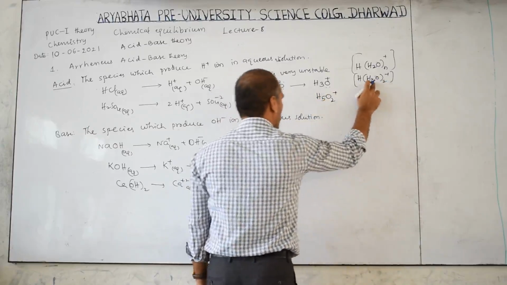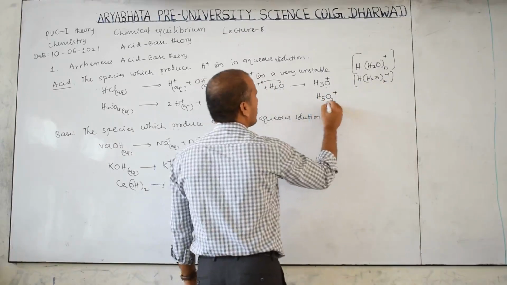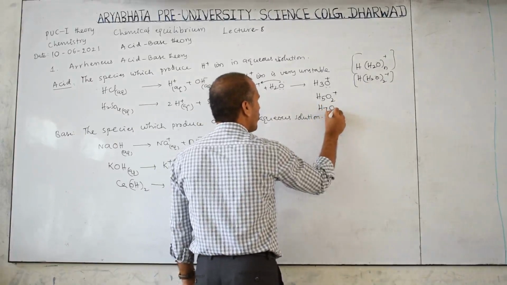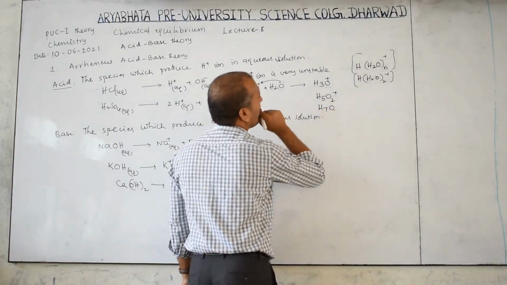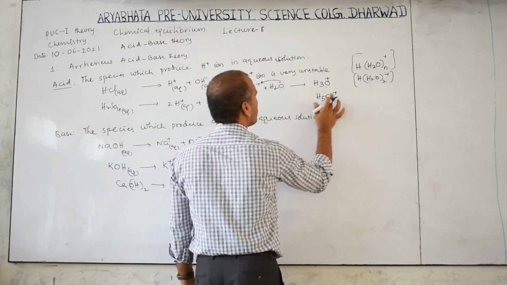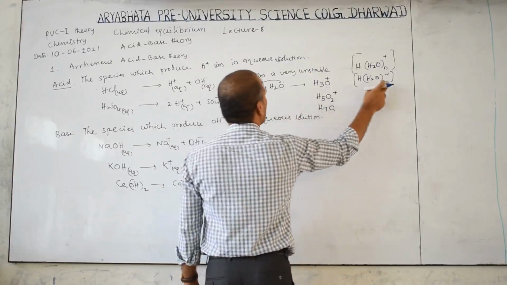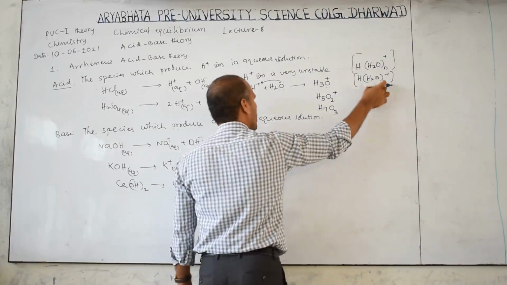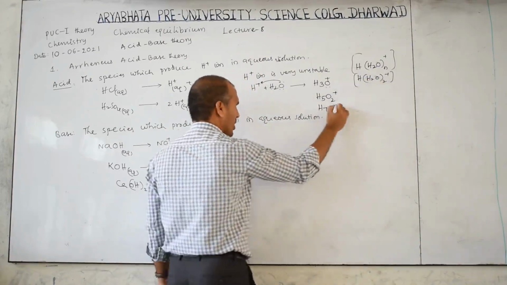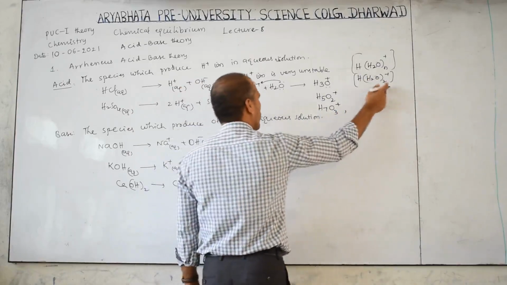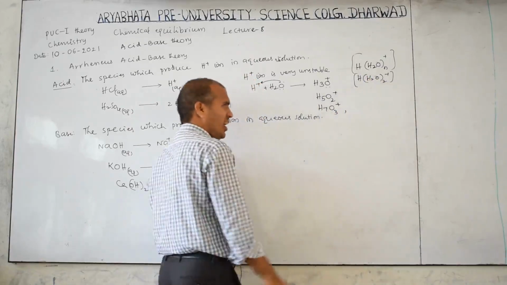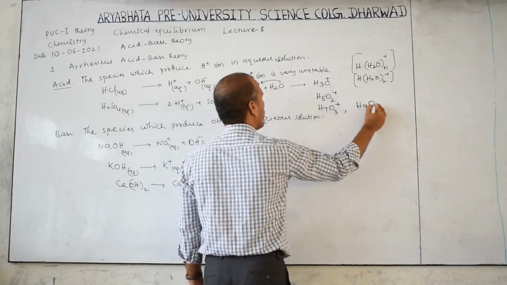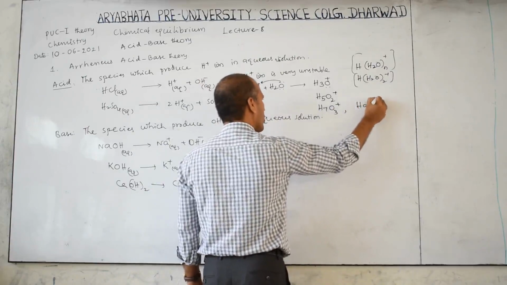If it is 3, 3 into 2, 6, 6 plus 1, 7, 3 oxygens, H7O3 plus. If it is 4, 4 into 2, 8, 8 plus 1, 9, H9O4 plus.